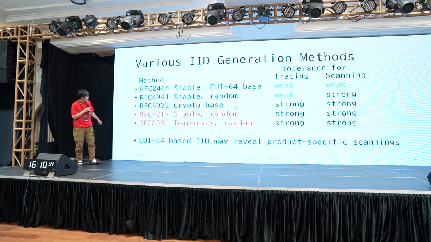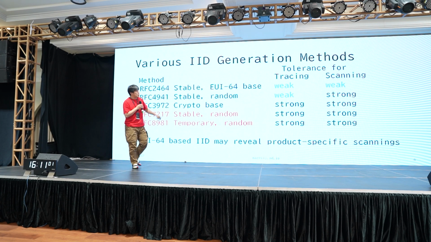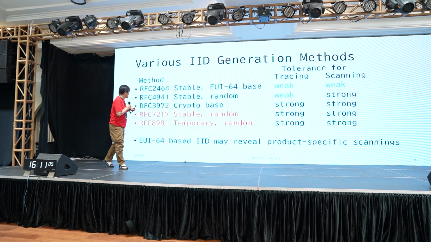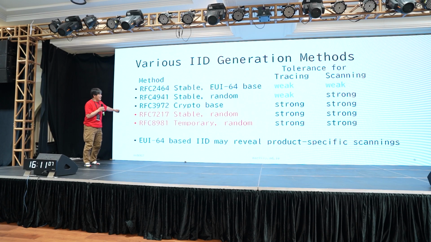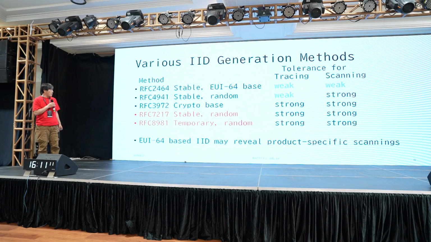For crypto-based stable ones, there are a bunch of different proposals, but each one has its own tolerance for tracing and scanning. So that's why the stronger ones are now recommended for your computers or clients.